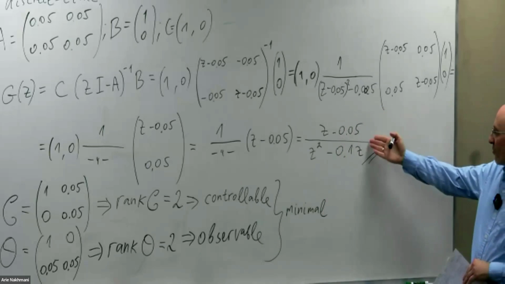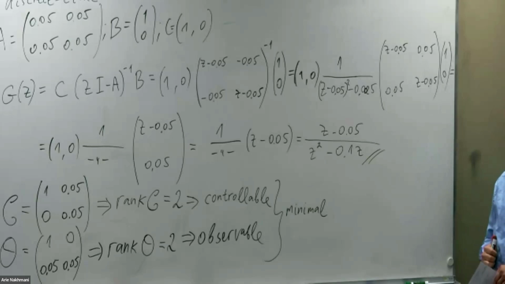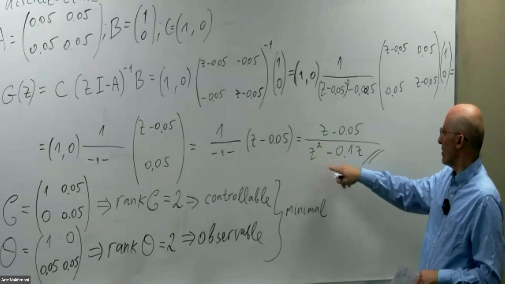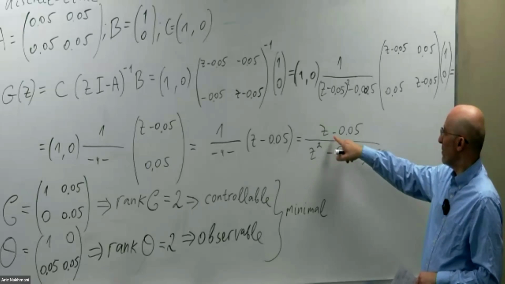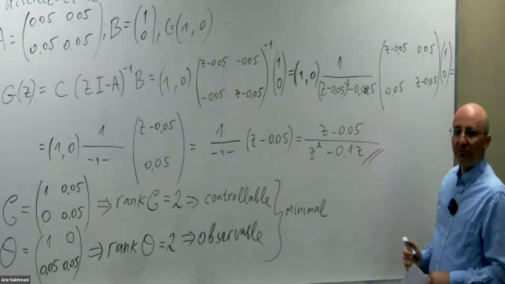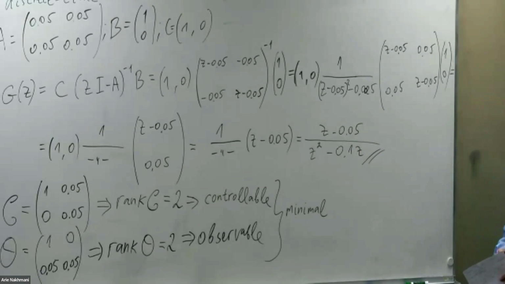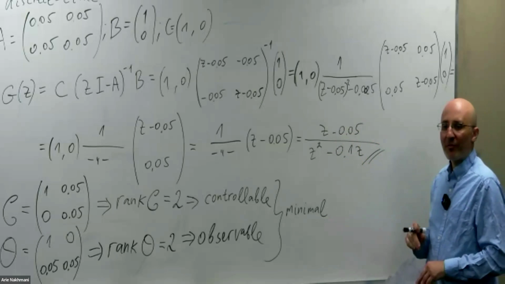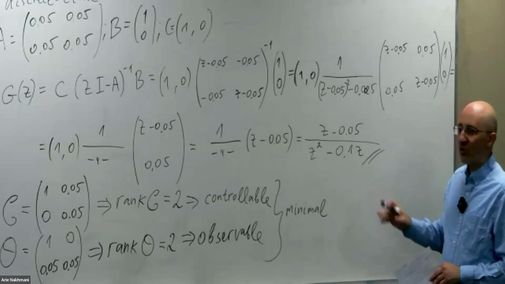You also can see it from here: you have no cancellation of zeros and poles. Clearly, you have a pole at 0, and then a pole at 0.1, but your zero is at 0.05. So they are all different. They do not have any cancellation of zeros and poles, so it's minimal. Any questions so far?